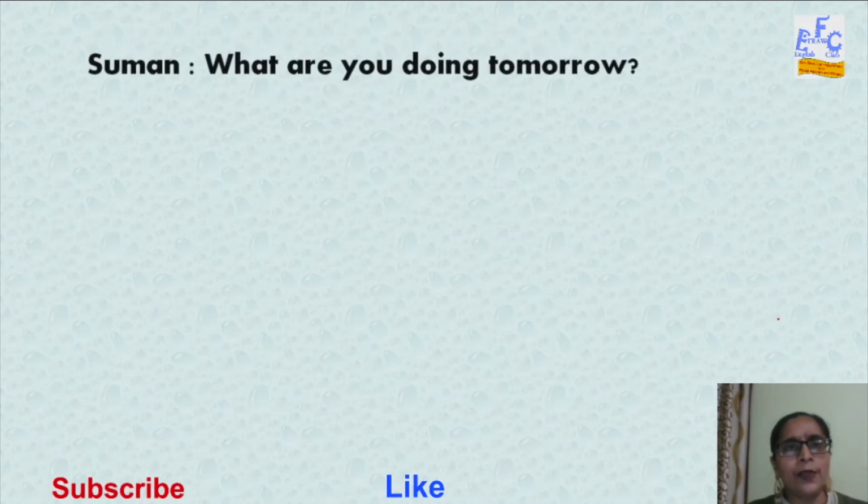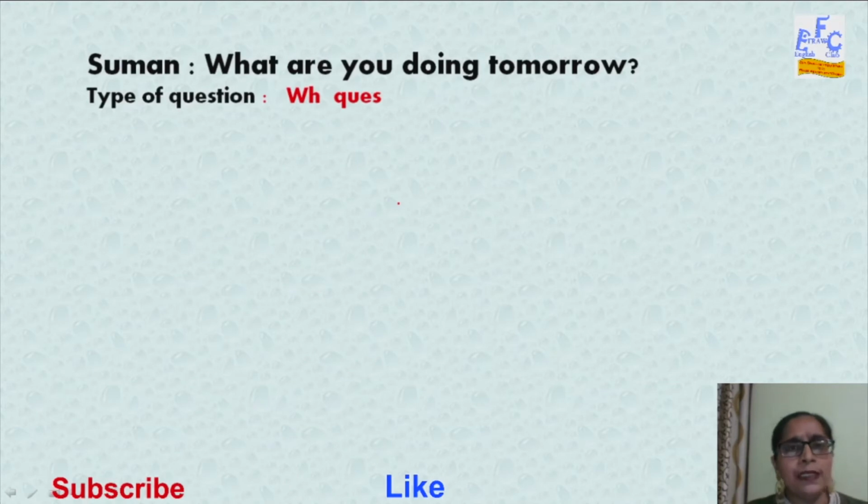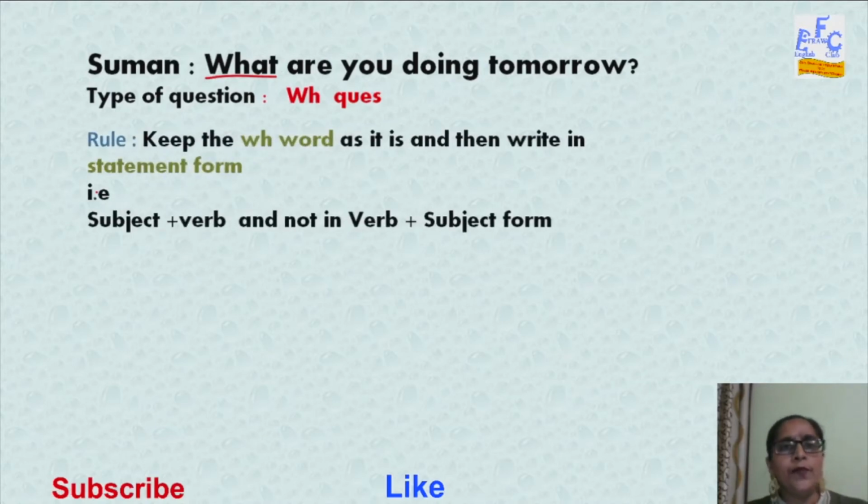Now let's look at this example. Suman, what are you doing tomorrow? What type of question is this? This is a WH question, as it begins with the WH word what. Further, we need to look for the rule: the WH word will stand as it is and then we write the statement in statement form, like subject plus verb, not verb plus subject.